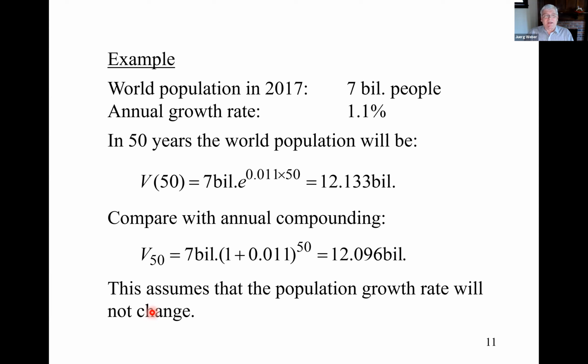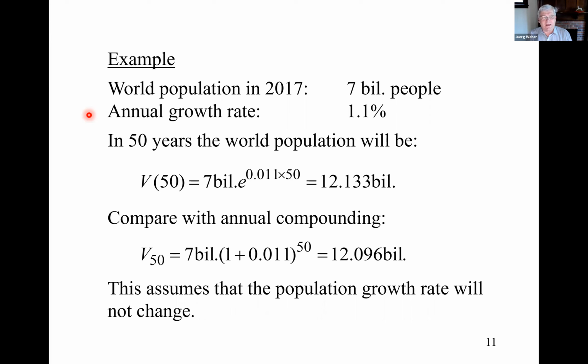Now let's make an example. World population today is roughly 7 billion people, and the annual growth rate is 1.1%. That's about correct. The population in African countries still grows maybe at rates of 3 to 4%.